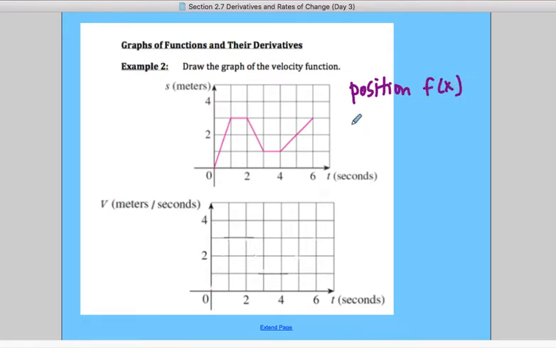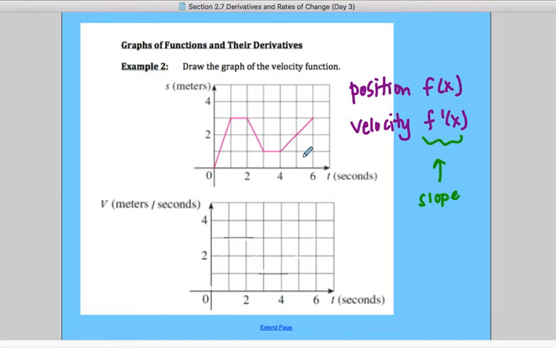And then your velocity is always your derivative. Well, we talked about what derivatives are in our last lesson. Derivatives are your slope. So if I am asked to draw the graph of the velocity function, I am asked to graph the slopes of my original, which seems a bit bizarre, but we can totally do this.